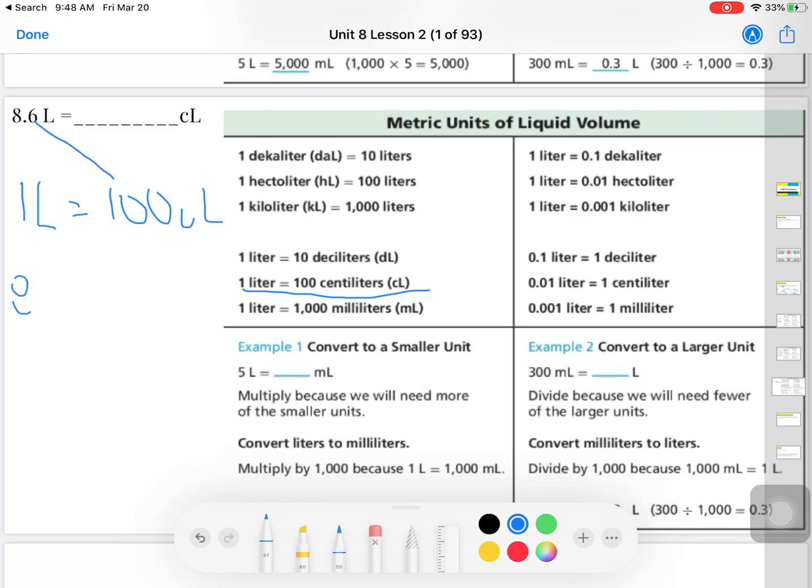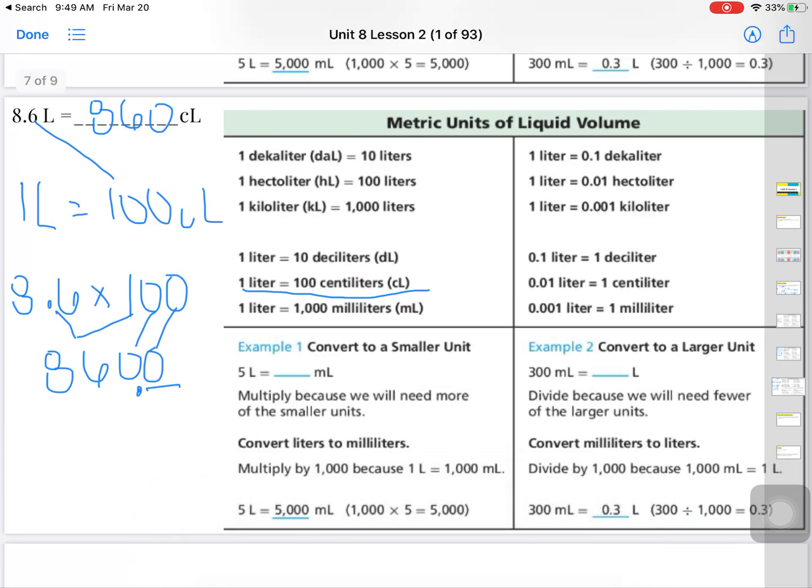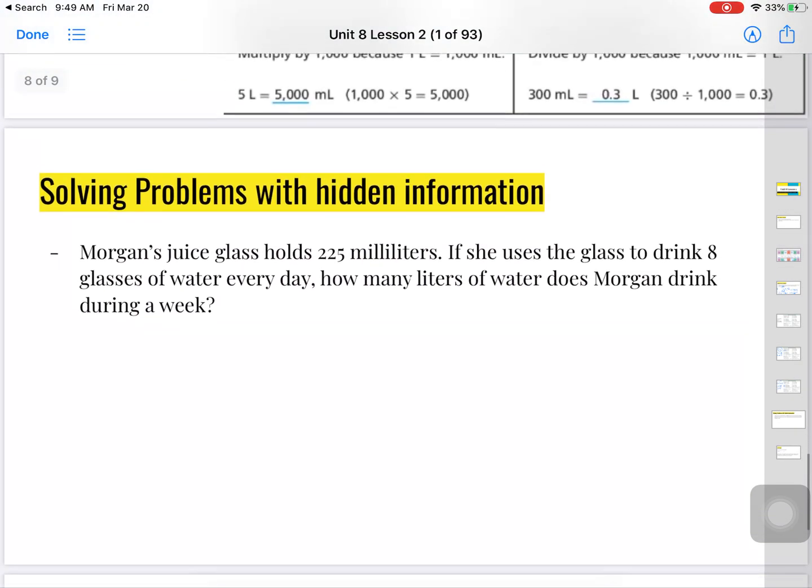So I'm going to take 8 and 6/10 times 100. I do my zero rule first. So 86 times 1 is 86. Add my 2 zeros. And then I do my decimal rule, 1 decimal place. So my answer is 860 centiliters is equal to 8 and 6/10 liters.